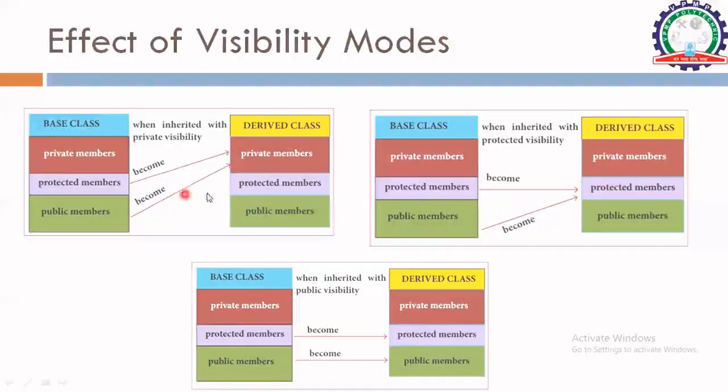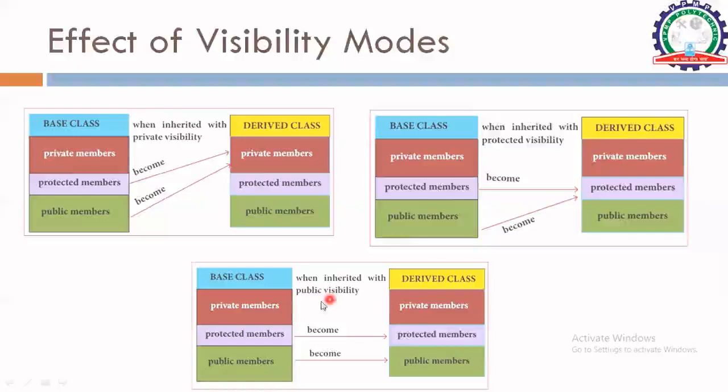So friends, from these two figures, now you can understand that public members have the lowest security, protected members are much more secure, and private members are the most secure members of the class. Right? That we can see from here.